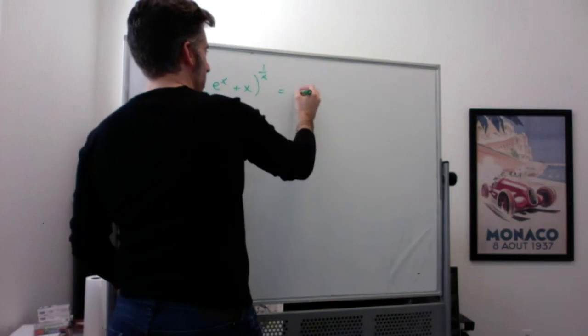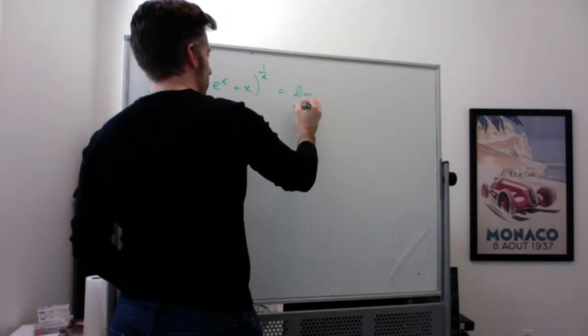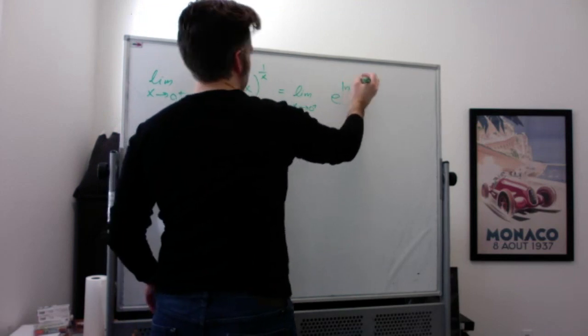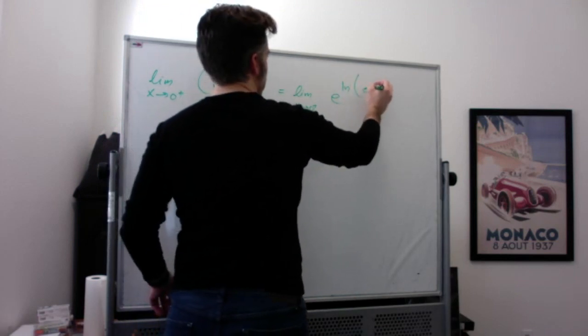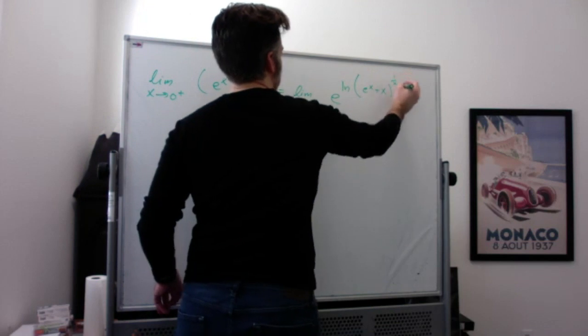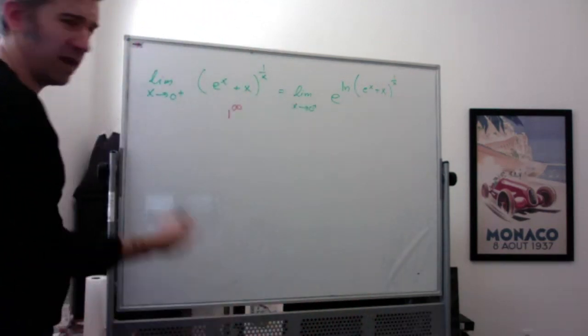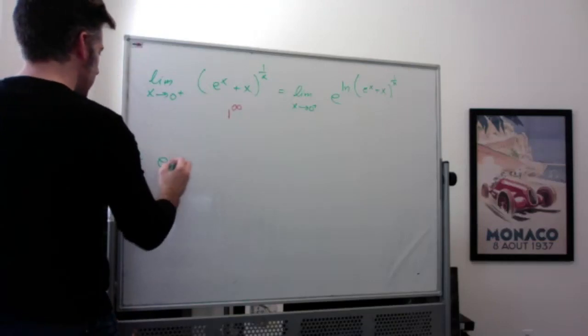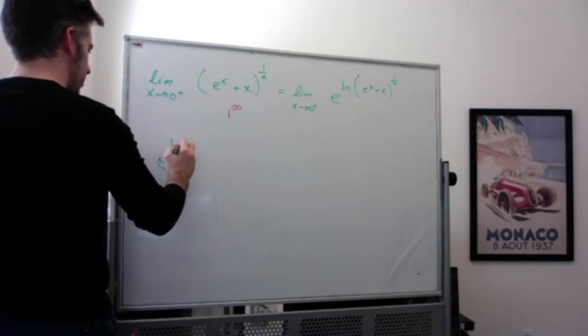This is going to be the limit as x goes to 0 from the right with e to the natural log of e to the x plus x to the 1 over x. So this time I'm going to put the limit in the exponent just to see how that looks. So I'm going to write this as e to the limit as x goes to 0 from the right.